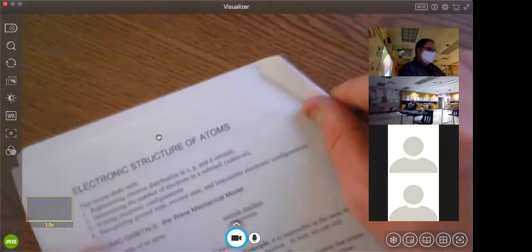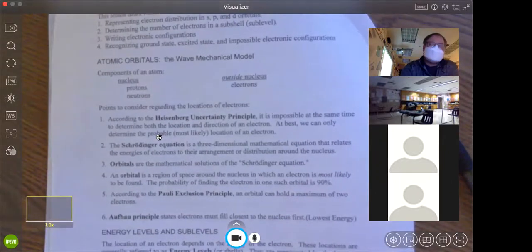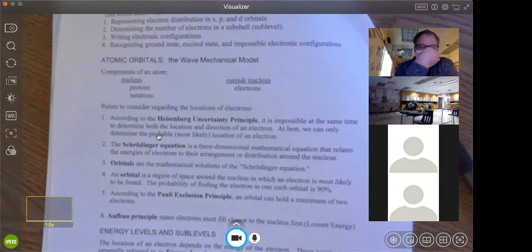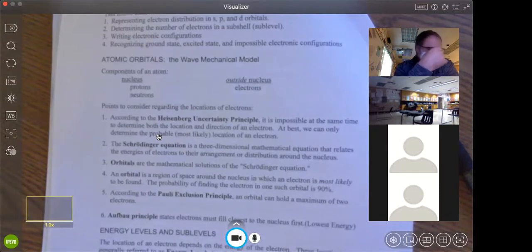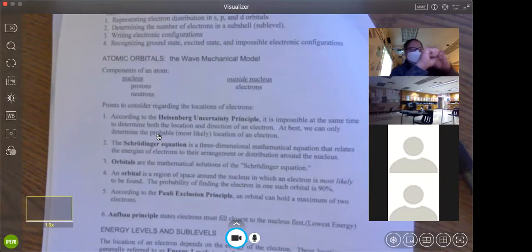Last semester, you learned about the atom. I'm sure this is not your first study of the atom. You probably learned about it in previous years as well, maybe 5th grade and 7th grade. But the atom is made up of protons, neutrons, and electrons. The protons and neutrons are in this thing called the nucleus. The electrons are around that nucleus.